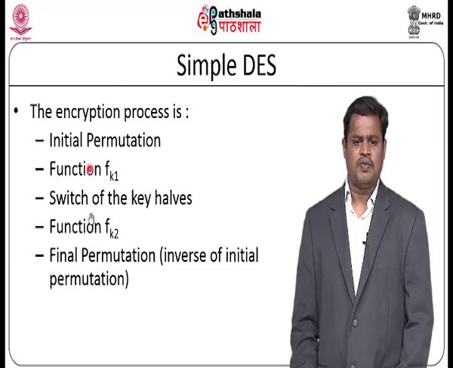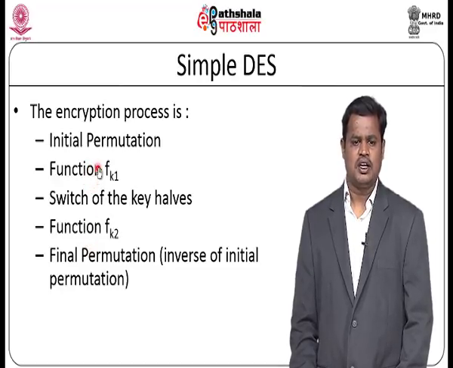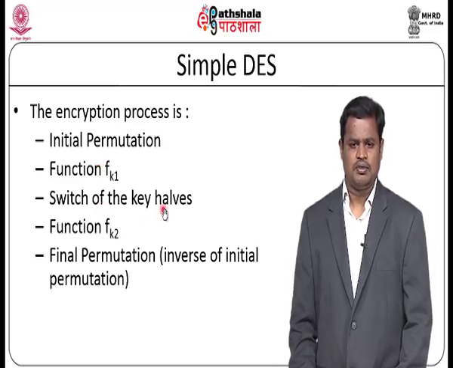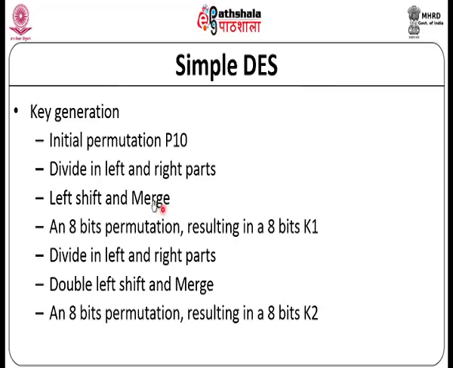Within the initial and final permutation we have functions, we can say it is a Feistel function, and the switch of the key halves. That is the key generation process. During key generation, there is an initial permutation P10 and it divides into the left half and right half parts, and then an 8-bit permutation resulting in an 8-bit key.